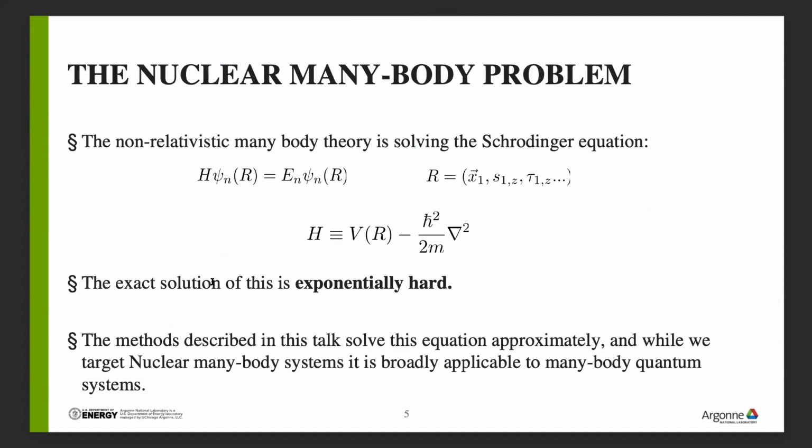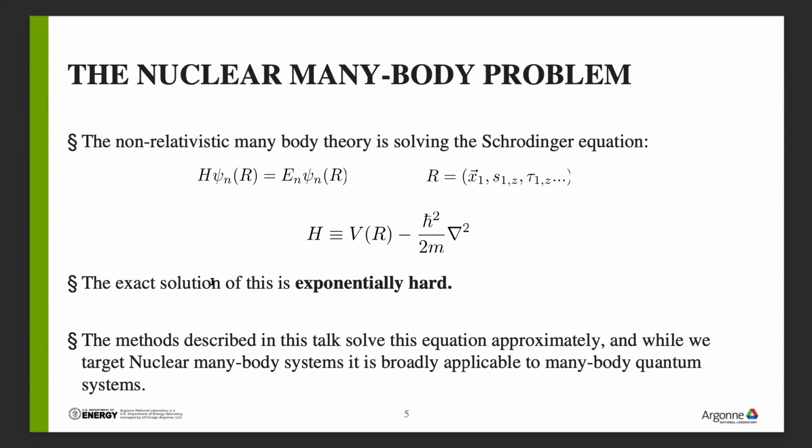So at the heart of it, the nuclear many-body problem is solving the Schrodinger equation. And if you're not familiar with the Schrodinger equation, you'll probably need a textbook on quantum mechanics in a couple semesters to get into it. I won't bore you with it today. The challenge is that the exact solution to a many-body Schrodinger equation is exponentially hard, especially if things are correlated, coupled.